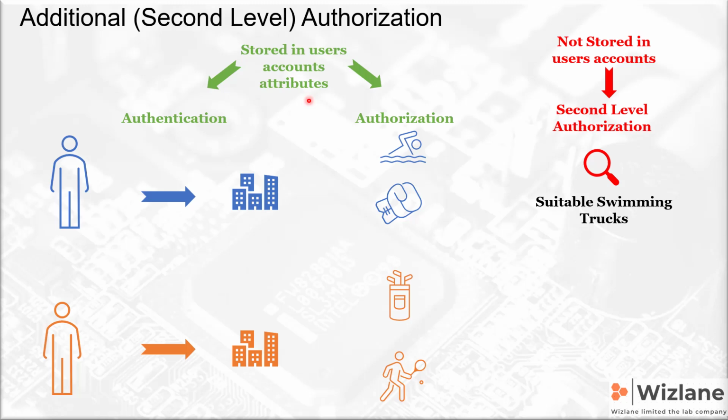So things like, is the swimmer wearing suitable swimming trunks, for example? This is not really in the account attributes. Things like, do they have the correct boxing gloves? And do they have the correct tennis shoes and rackets and so on and so forth? Basically, this information is not stored in the account attributes, which we call first level authorization.